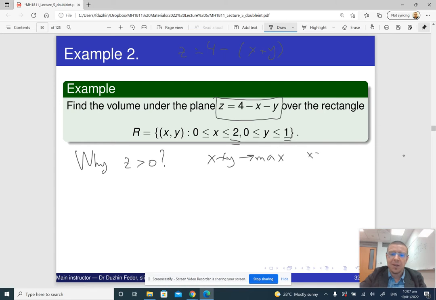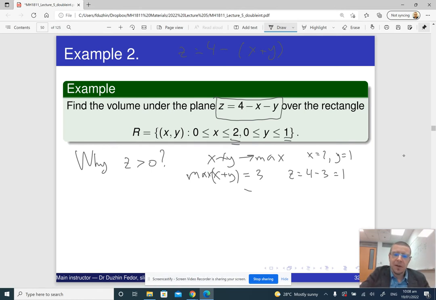In that case, the maximum value of x plus y is really 3, and z is going to be 4 minus 3, which is 1. So even when x plus y is the maximum, which means that z is the minimum, it is still positive.